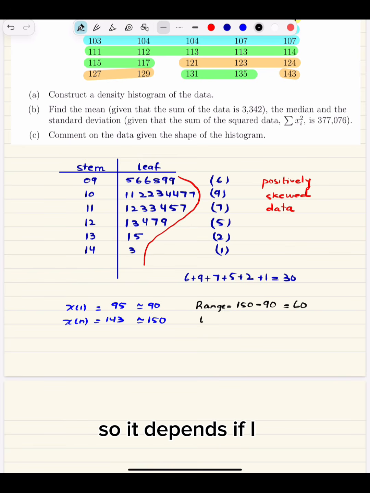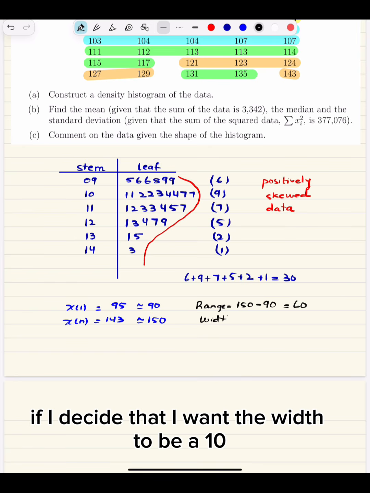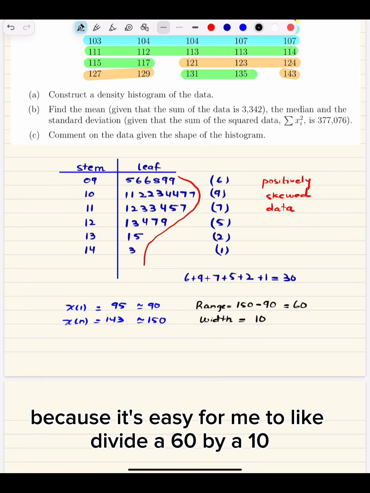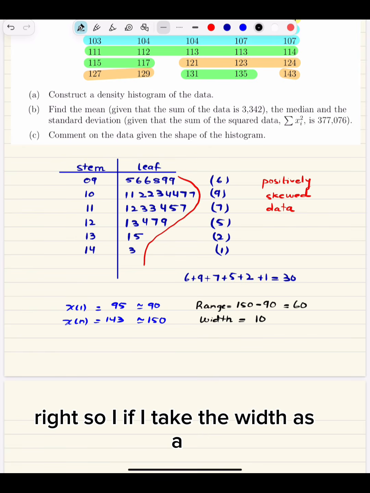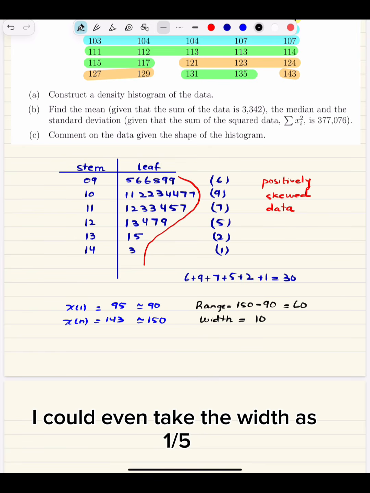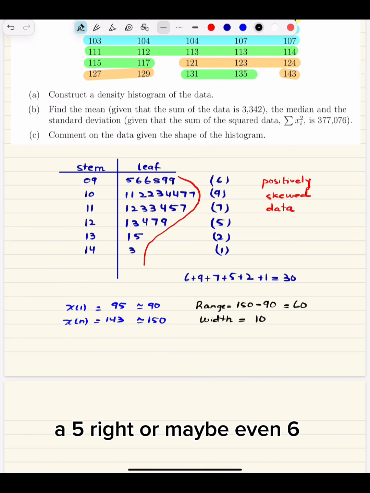It depends. If I decide that I want the width to be 10, because it's easy for me to divide 60 by 10, right? I could even take the width as 5, or maybe even 6. That is your choice.